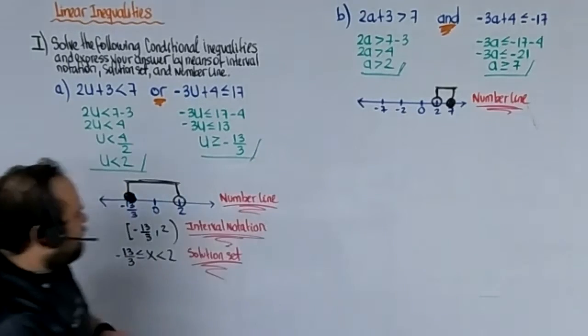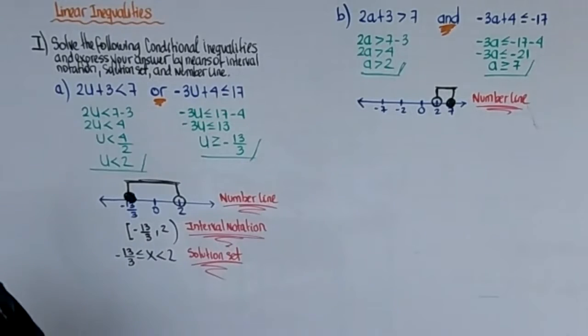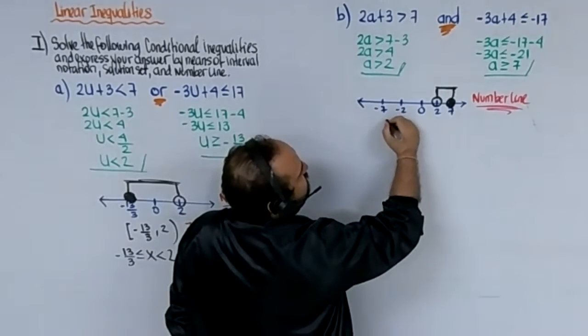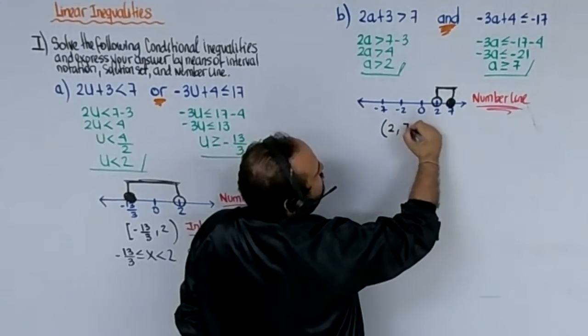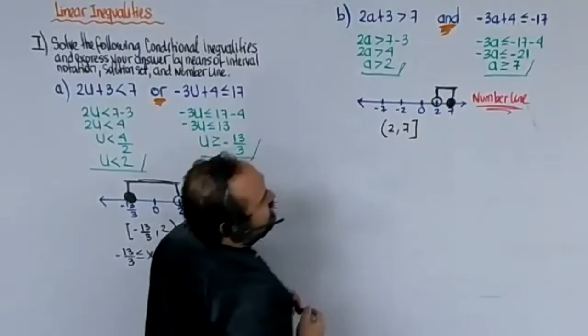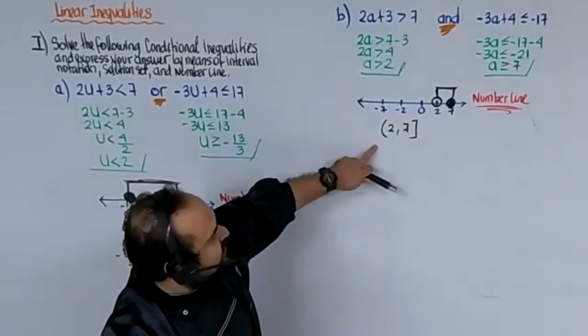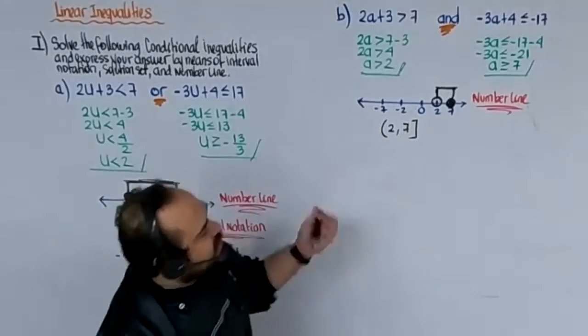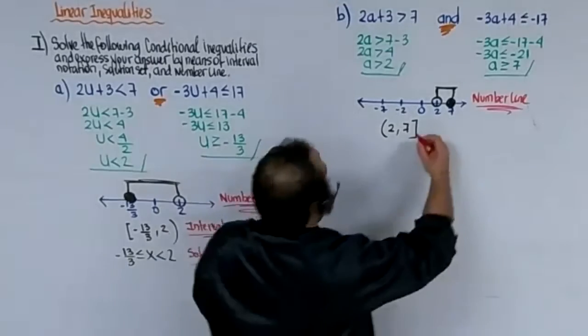Because we have a collision between two numbers, we can perfectly know what the interval notation will be. Remember, the interval notation will be the intersection between these two points, 2 and 7. Parenthesis because we're not including the equal sign, bracket because the other one includes the equal sign.